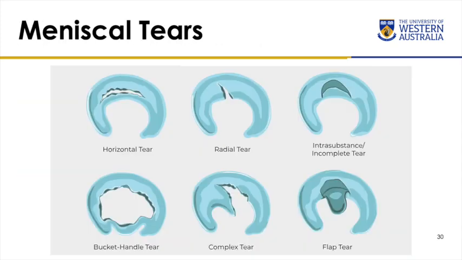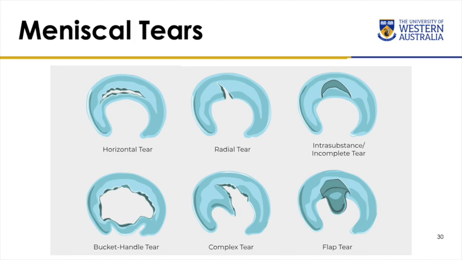Meniscal tears are often seen in the context of an ACL injury, but can often present on their own. Pictured are the different types of tears that we commonly see. Some are more conducive to surgical repair, whereas for others the only option may be debridement or partial meniscectomy.